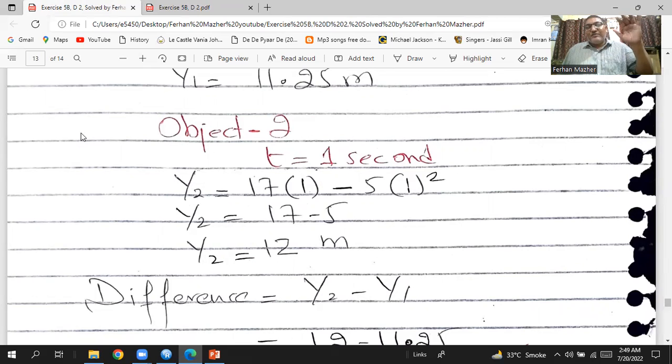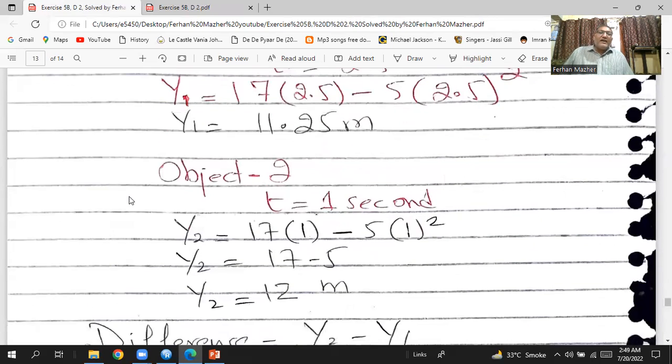So for y2, I will put t as 1 second. So 17 into 1 minus 5 into 1 square. So it will be 17 minus 5, so it will be 12 meter.